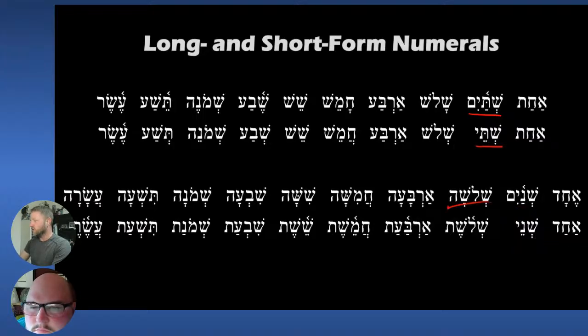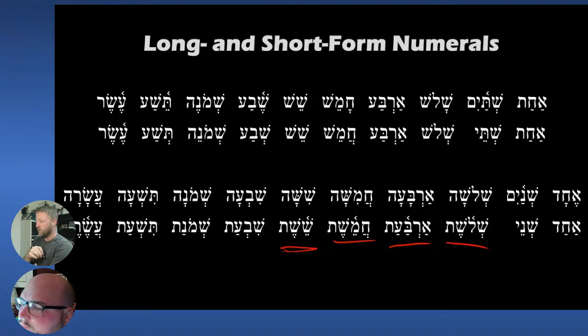Shlosha becomes shloshet. So shloshet hayamim, the 3 days. It's like the number becomes a unit. 3 of the days. Shloshet hayamim, the 3 days. Arba'at hayamim, the 4 days. Chameshet hayamim. Sheshet yamim ta'avod, in the 10 Commandments. For 6 days shall you work and do all your labor.